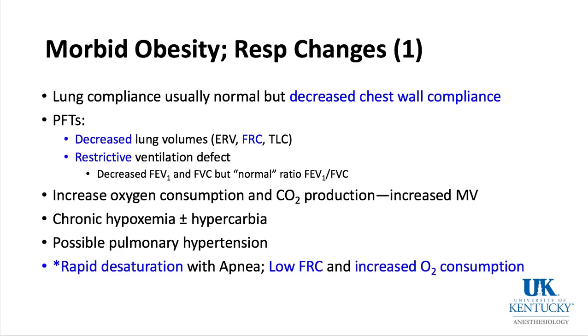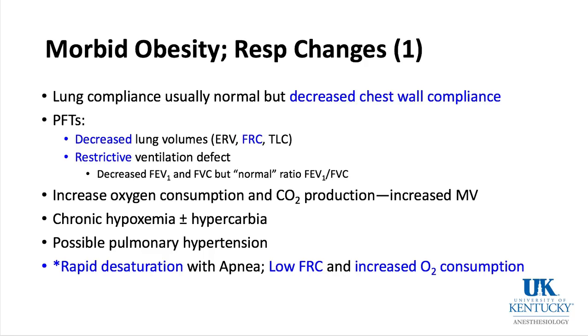Next topic is morbid obesity and some of the respiratory changes that occur with it. The lungs of a morbidly obese patient themselves are usually normal with normal compliance, but it's the chest wall that's not so compliant. There's a lot of fat on top of the chest wall, reducing compliance.